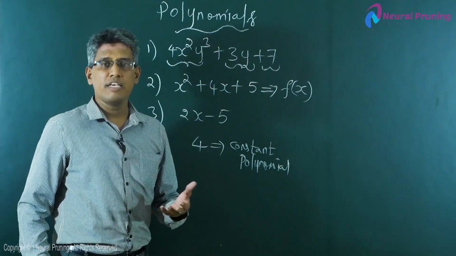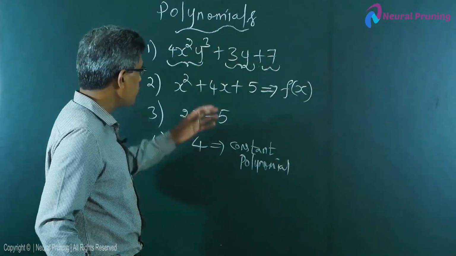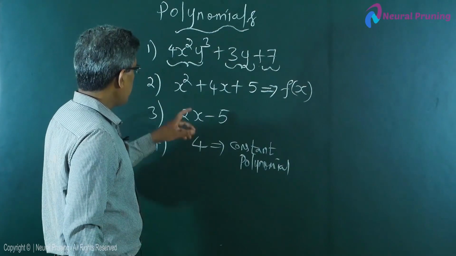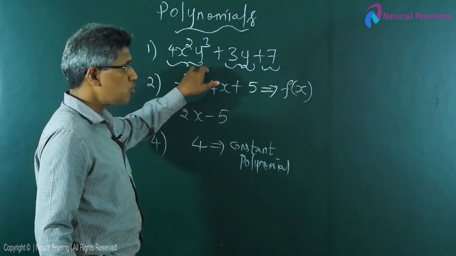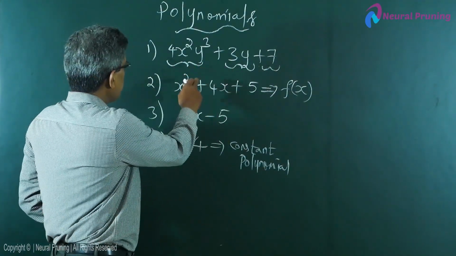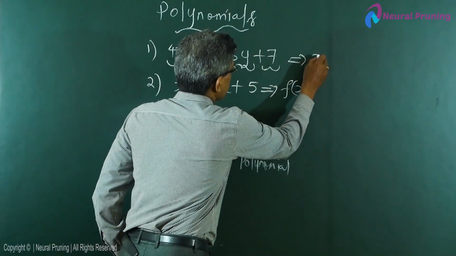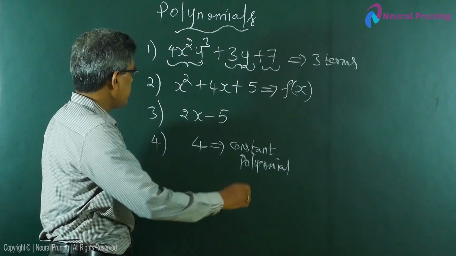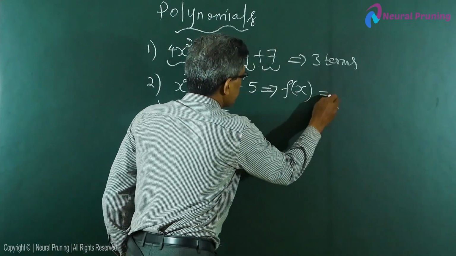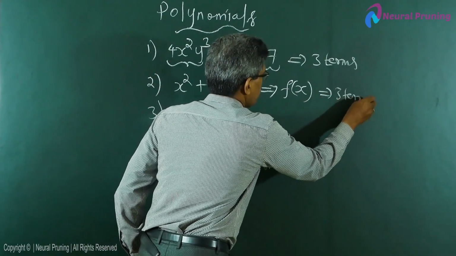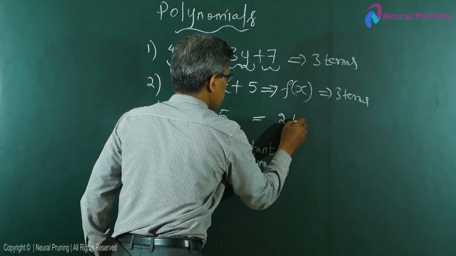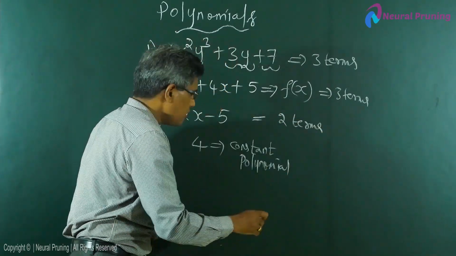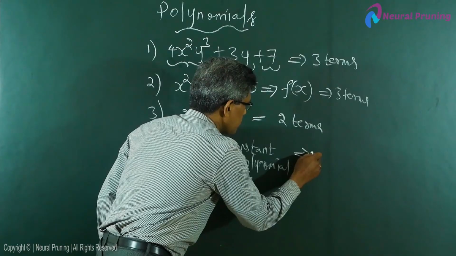And there is something else that we could learn from these examples. As you have noticed, the first example has got 3 terms, and this has again 3 terms. This has 2 terms. Finally, this has a single term.